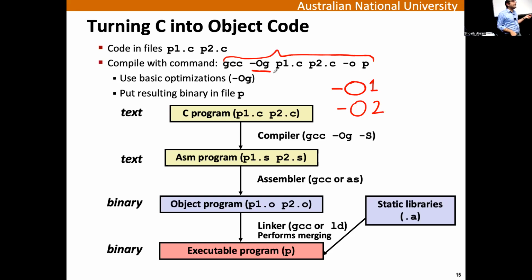When you write assembly by hand, you really have to work really hard to write very optimized assembly. What do I mean by optimized? Can someone take a guess? Right, the number of instructions.